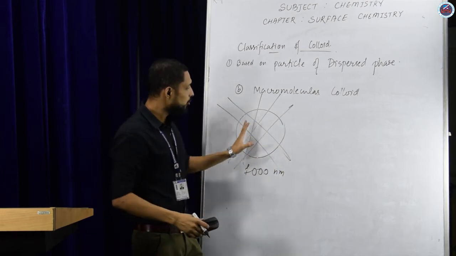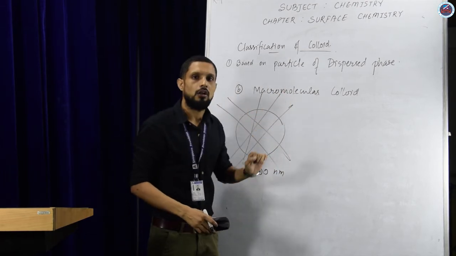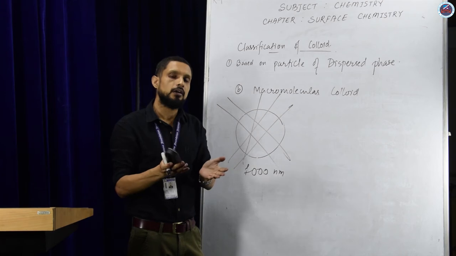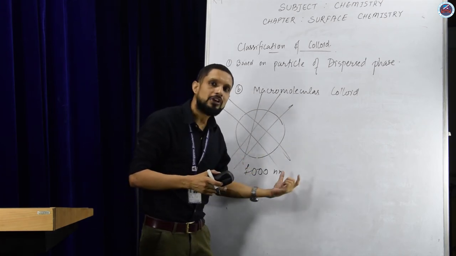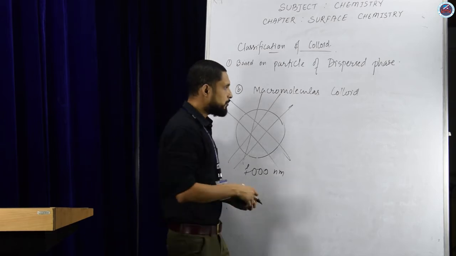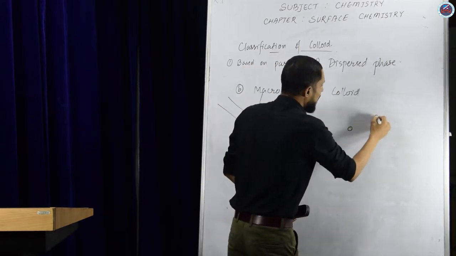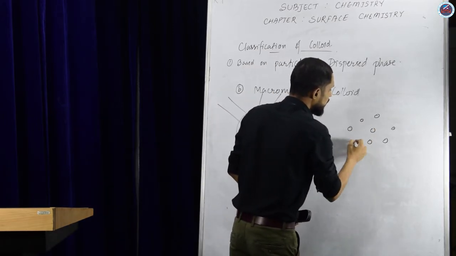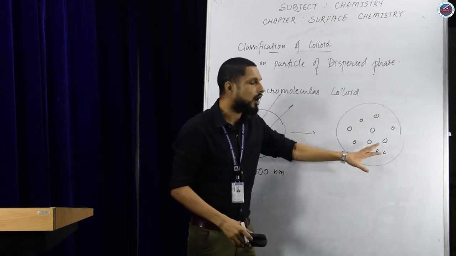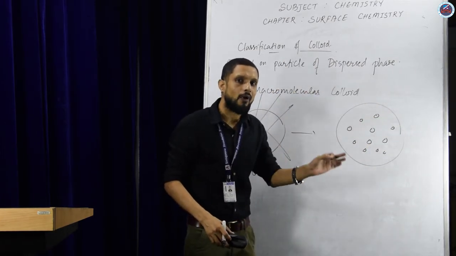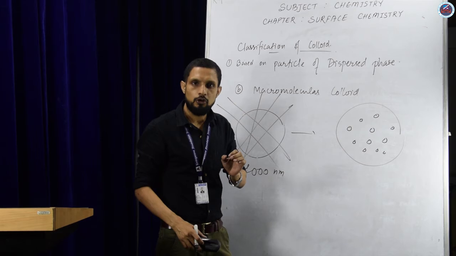So what we do in case of macromolecular colloid, a big size particle whose size is greater than 1000 nanometer is broken to form particles which are in the colloidal range. That means these particles are in colloidal range, that is between 1 nanometer to 1000 nanometer.